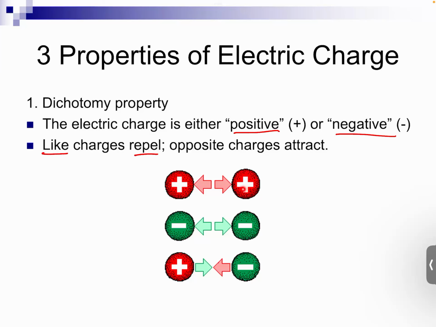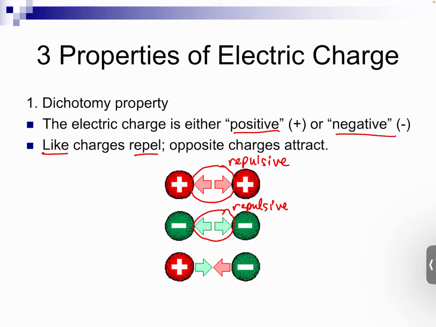In this figure here, you have two positive charges, and these arrows represent the repulsive force. So two positive charges repel each other. Likewise, two negative charges repel each other as well. Notice the direction of the arrows. They tend to push away from each other.